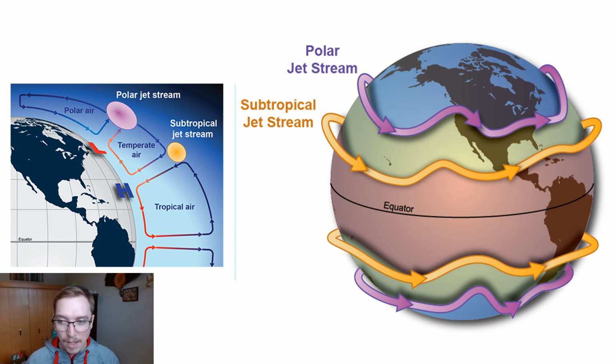So since these hot and cold air boundaries are most pronounced in the winter, jet streams are the strongest for both the northern and southern hemispheres in their appropriate winter months. So December through February for the northern hemisphere, and June through August or so for the southern hemisphere.